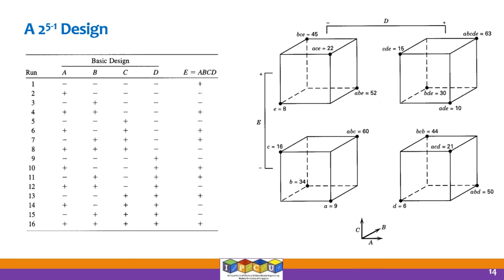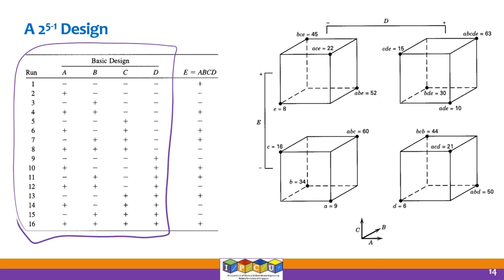All right. A 2 to the power of 5 design likewise can be constructed by starting with a full factorial design for factors A, B, C, and D, and then choosing I is equal to A, B, C, D, E as the defining relationship.